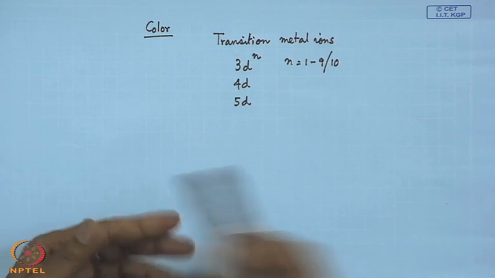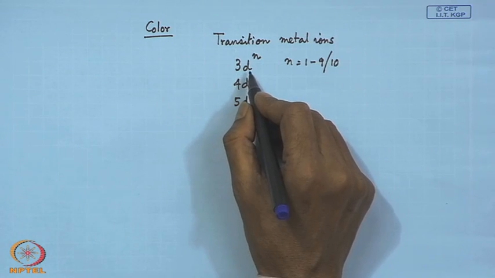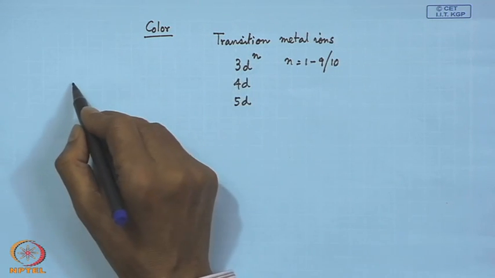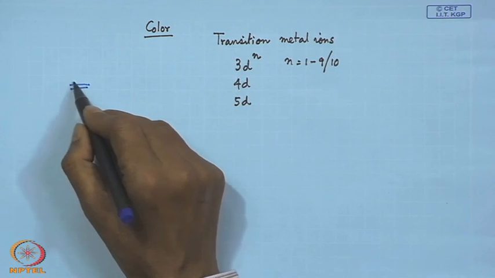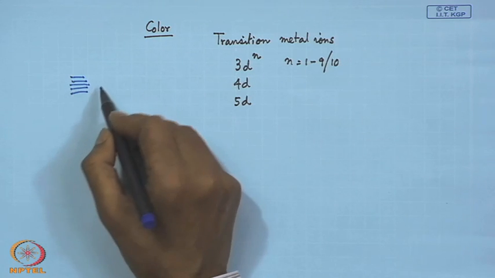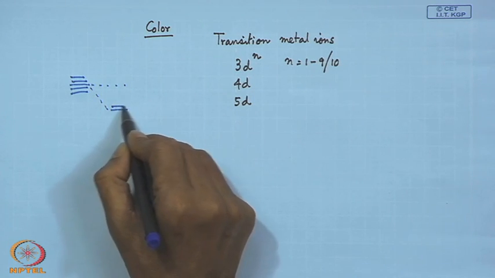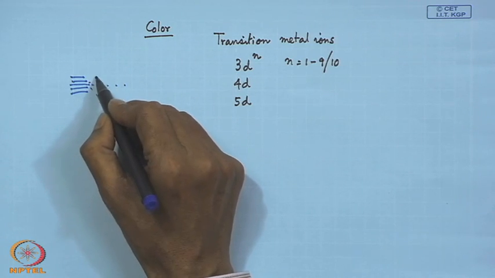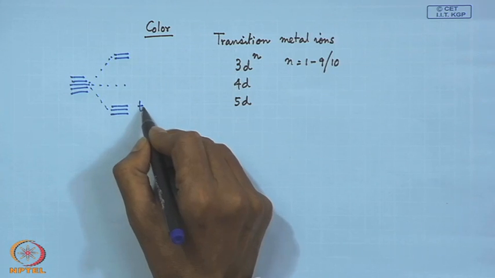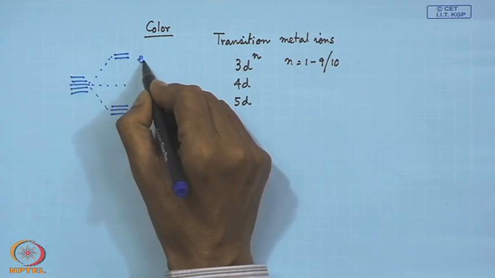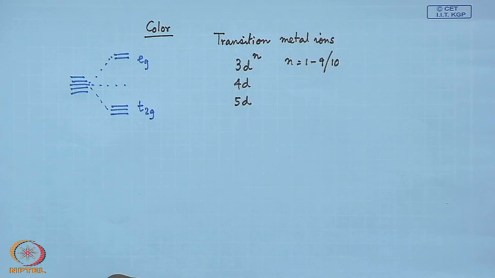So, that means we have unpaired electrons in the d level, and if these unpaired electrons are in a certain crystal field, such as the octahedral crystal field, then as we all know, it will be split into two sets: the t2g set and the eg set.